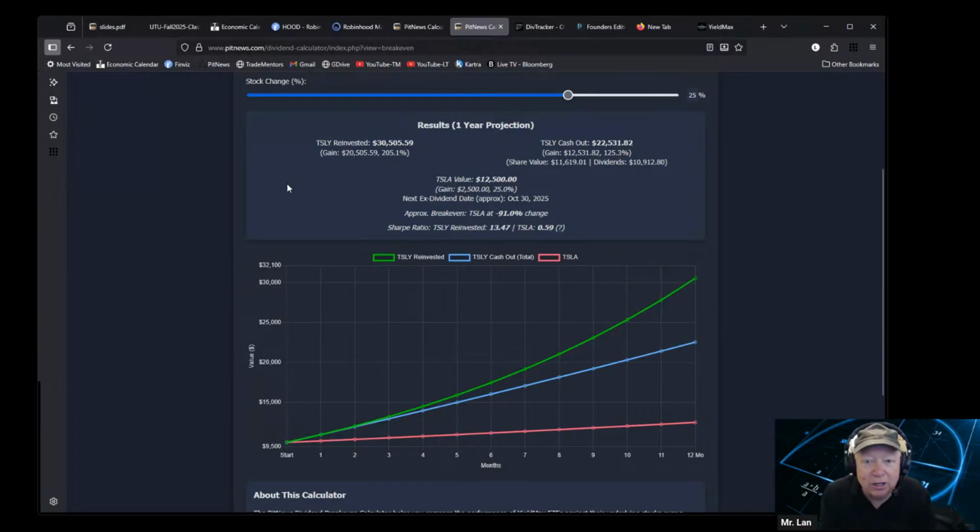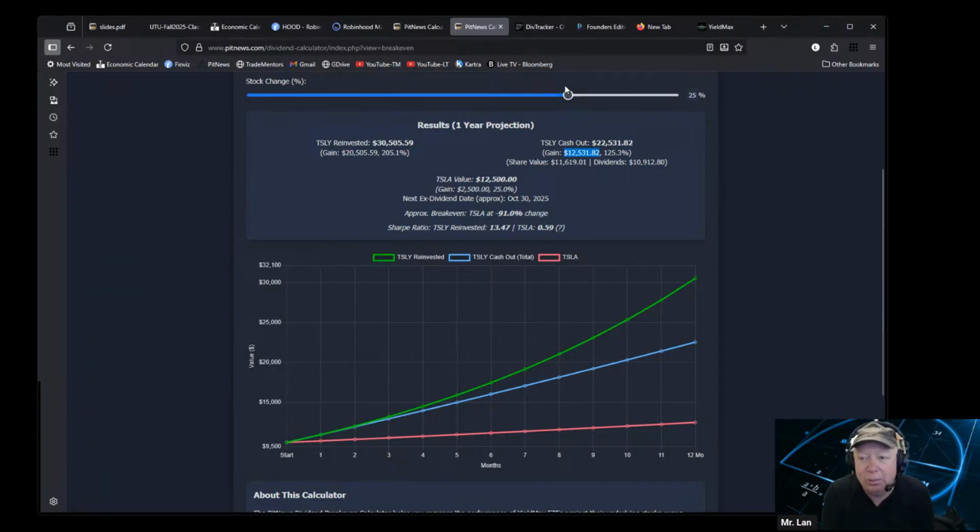Well, it's actually done right here for you. TSLA value, 12,500. So if you went up 25% on your $10,000, you made $2,500. But the gain on TSLY was $20,000. And your gain, if you cashed out, was $12,000. If Tesla went up 25% in 1 year.